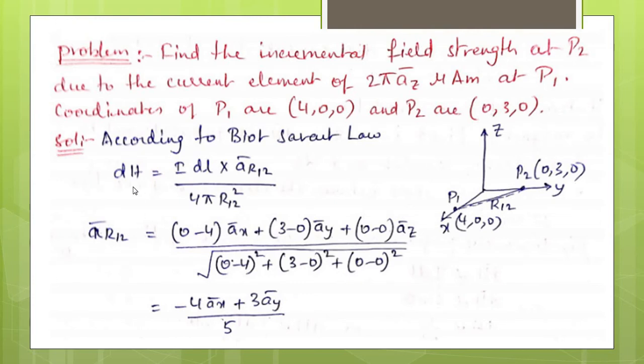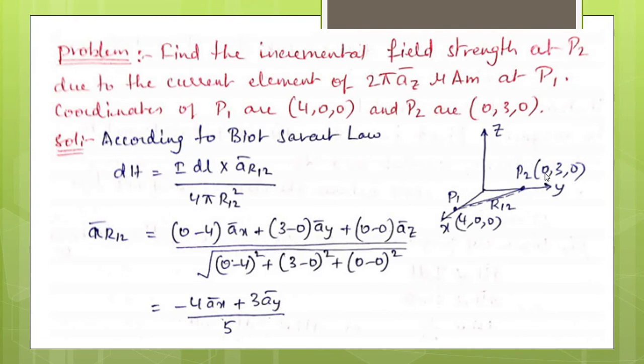First we'll write the Biot-Savart law. According to the Biot-Savart law, dH is equal to I dL cross aR12 divided by 4 pi R12 square. First we need to find the aR12 unit vector, which is equal to R divided by the magnitude of R. Here R is the vector from point P1 to P2, which we get by subtracting these coordinates in the Cartesian coordinate system.